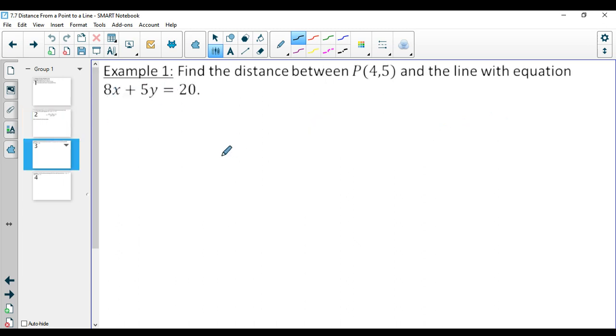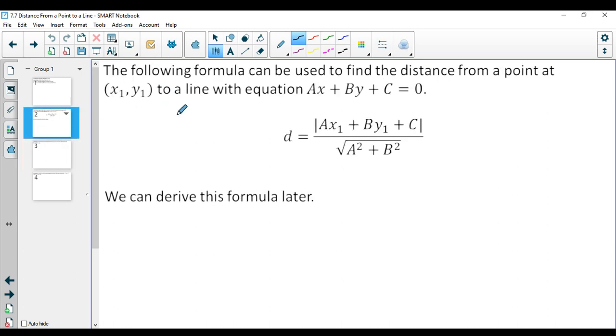Just 2 examples, and they are not bad. Find the distance between P(4, 5) and the line with equation 8x + 5y = 20. And all we're doing is following this formula.